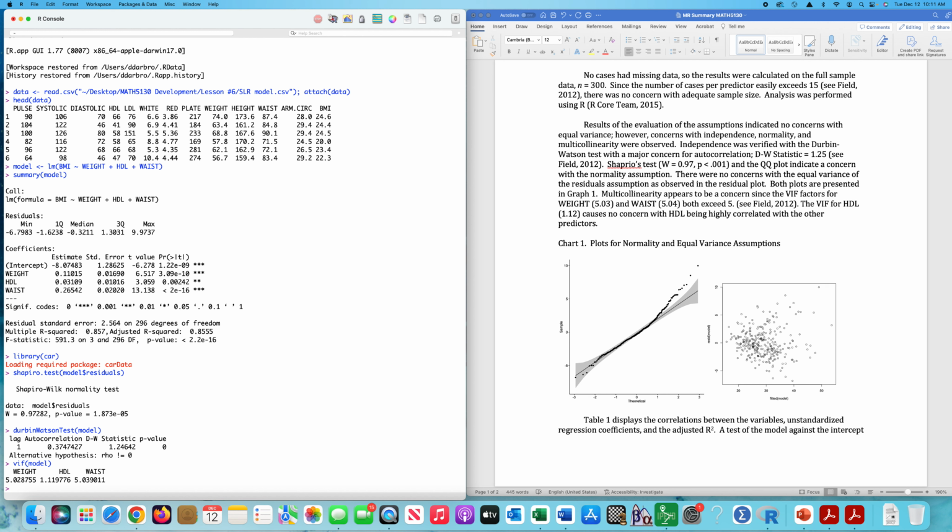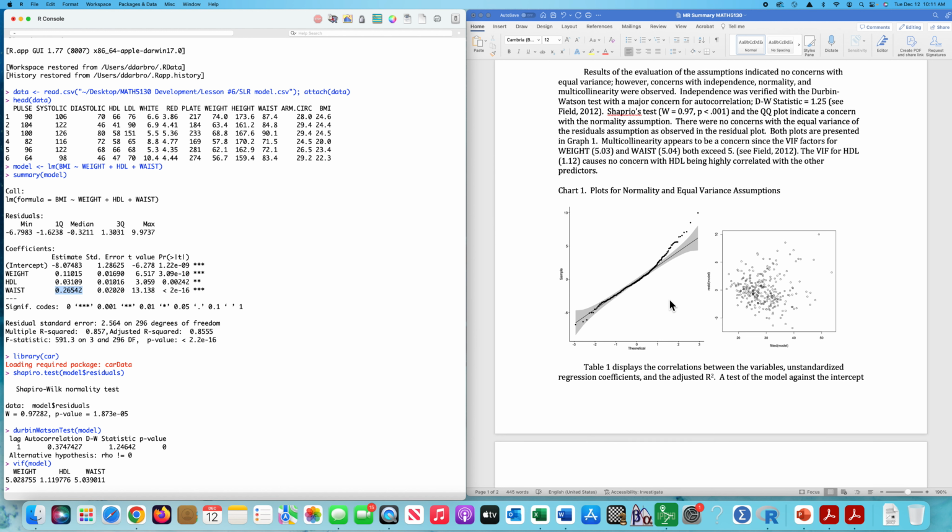What that tells me is that two variables, most likely weight and waist, are so highly correlated that they're tinkering with the mathematics, the calculations behind the scenes that produce these regression coefficient estimates up here. And that's a problem that needs to be addressed and resolved.